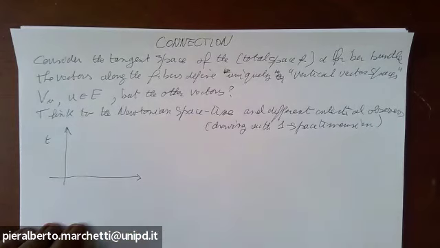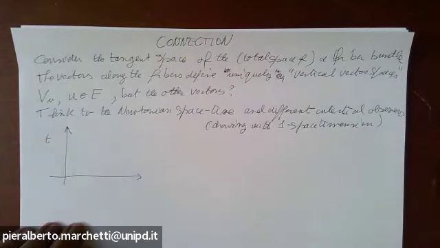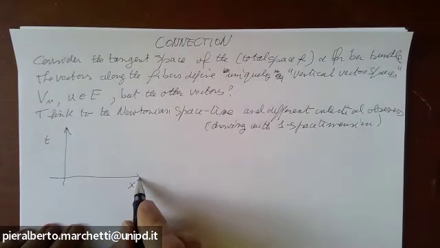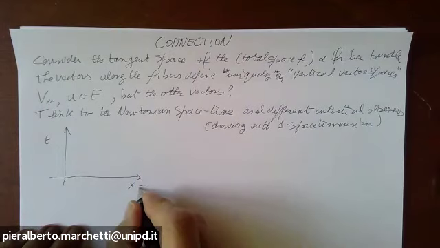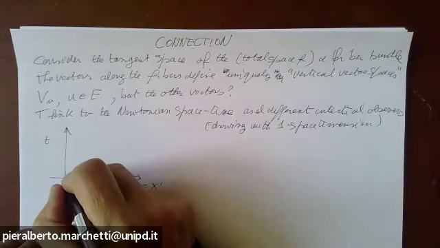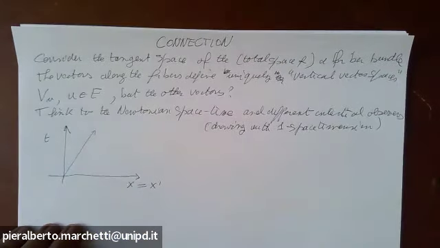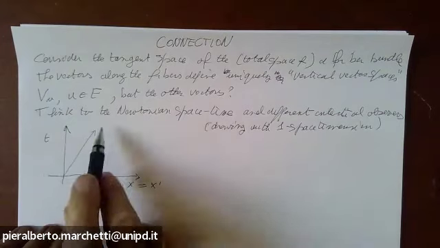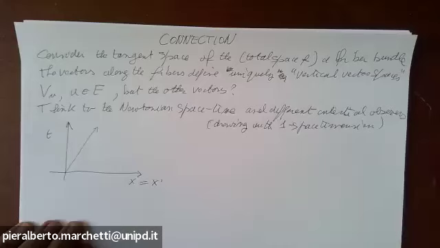Now you want to represent in the same diagram two different observers. One has a space at constant time, this line. Another one must have the same space at constant time. The present is the same for all the observers. But suppose you have one observer which moves with respect to this with some velocity v, then of course its world line in space-time would be a straight line inclined by the velocity.